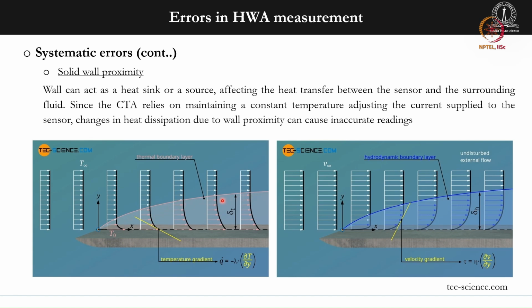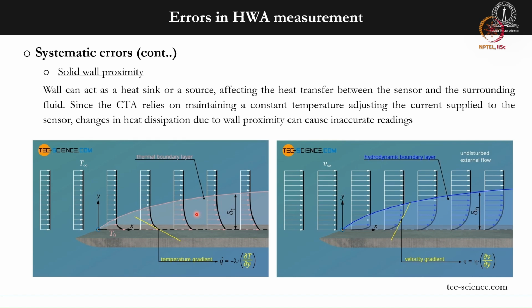Now if we place our hot wire anemometer probe inside this thermal boundary layer to measure the velocity, the temperature of the local flow that interacts with the probe has essentially changed. So now we are back to the same situation as we saw in the previous slide, where parameters such as the thermal conductivity, the viscosity, and the density of the ambient fluid that is encountering the probe have changed.